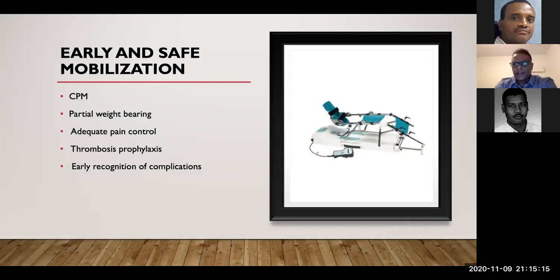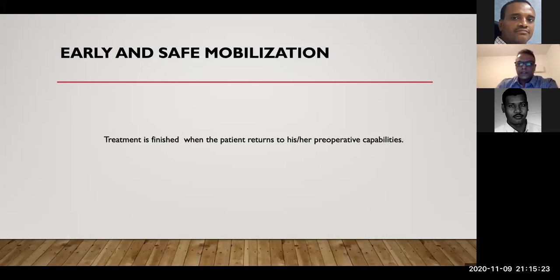As we mentioned earlier, try to recognize any complication early, as they can be treated more easily. The treatment of the patient doesn't finish until he goes back to his pre-operative capability, including his work, leisure, and function.